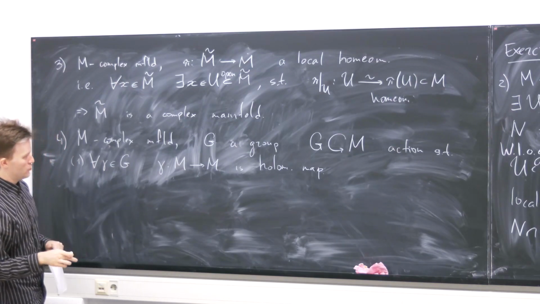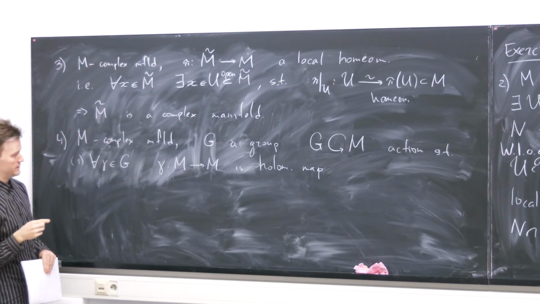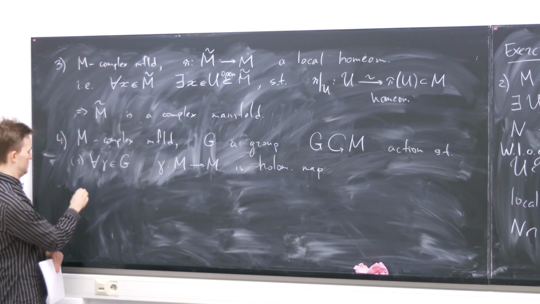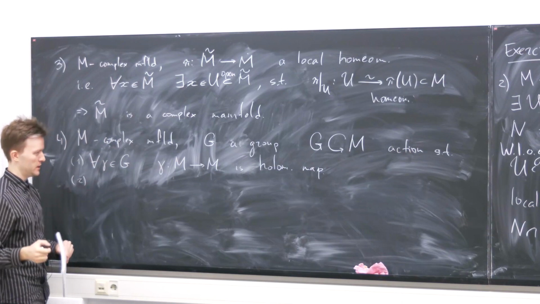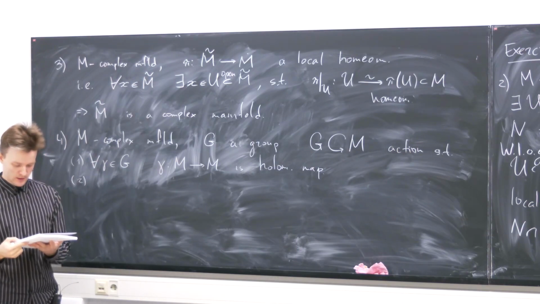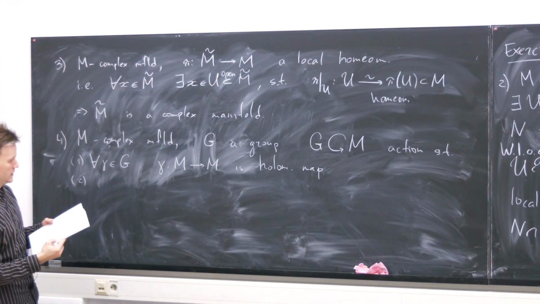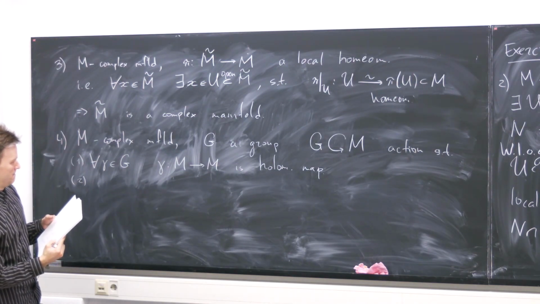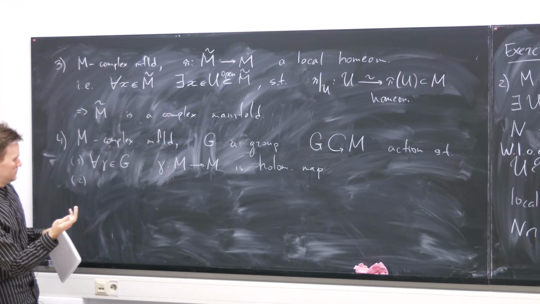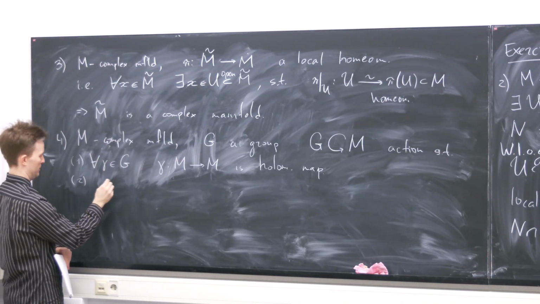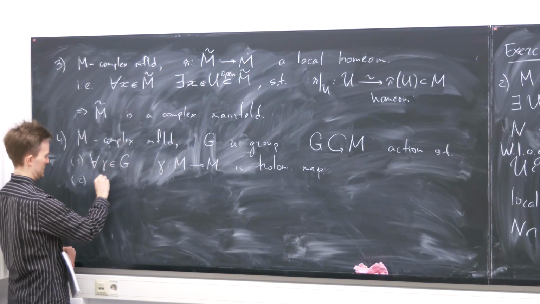And then we need more actually. If we have such an action, then the quotient will not always be a complex manifold. An example of a good action, when we can take quotients, is given by the following two conditions. First, the action should be free.